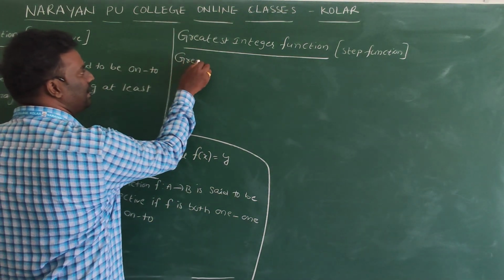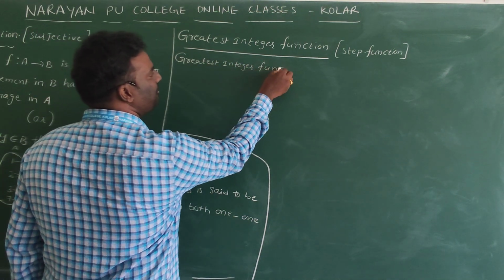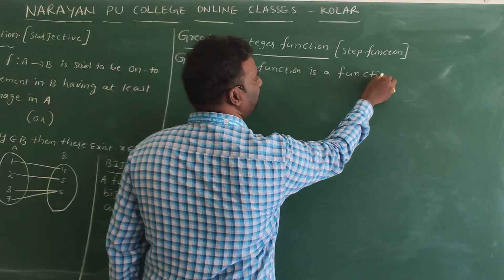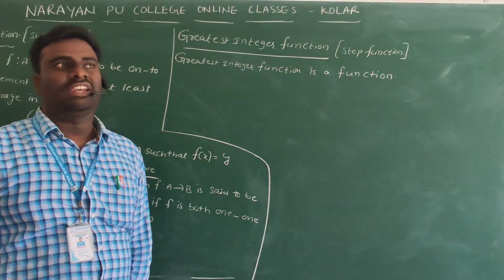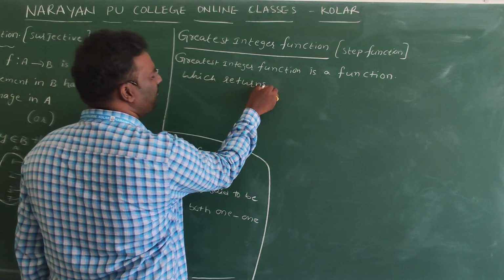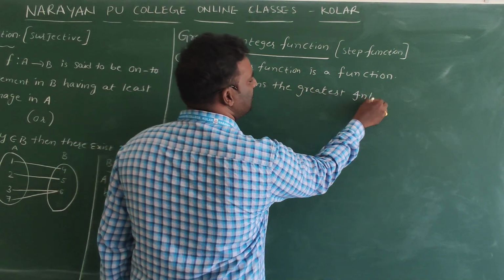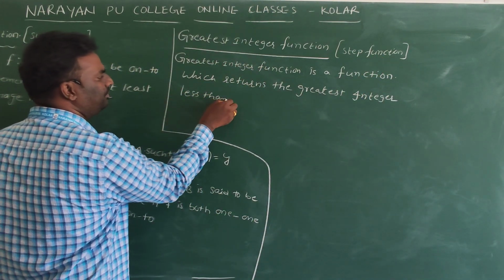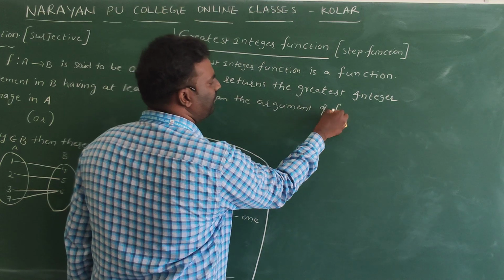Now listen. Greatest integer function is a function which returns the greatest integer less than the argument of the function.